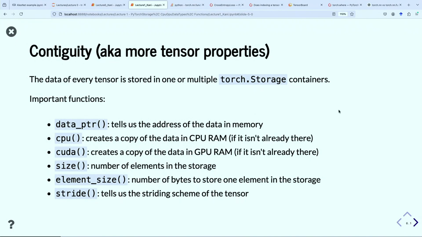As we remember, every tensor is stored in a torch.storage container. This is just one struct inside the tensor object, and it contains a data pointer, a CPU pointer or a CUDA pointer to store the data in the GPU RAM. It also holds the size, the element size, and the strides.